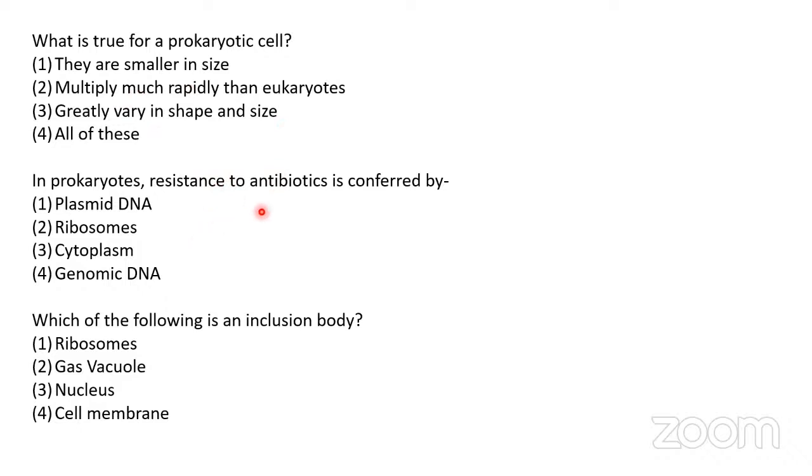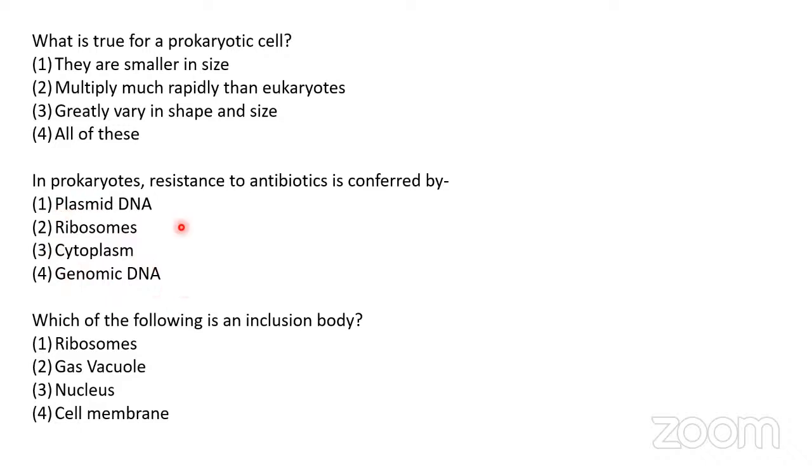In prokaryotes, resistance to antibiotics is conferred by what? What is the presence of which makes the prokaryotes resistant to antibiotics? Option number 1 is plasmid DNA, option 2 is ribosome, option 3 is cytoplasm, and option 4 is genomic DNA.